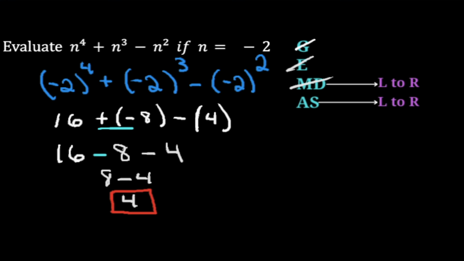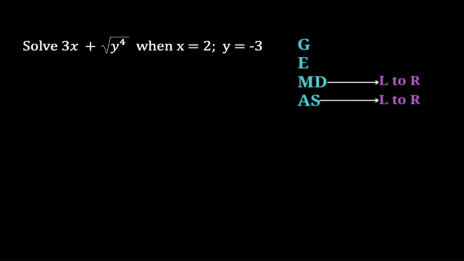So let's move on to another problem. So here we need to solve 3 times x plus the square root of y to the 4th power when x equals 2 and y equals negative 3. Okay, so let's go ahead and rewrite this. And we have x at 2 plus the square root, and the y is at negative 3.